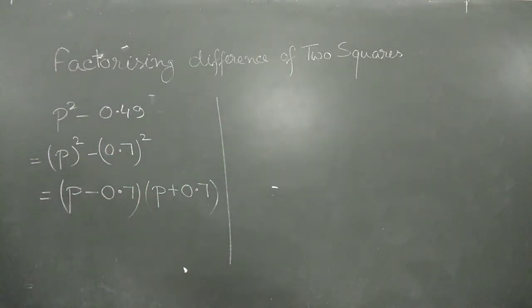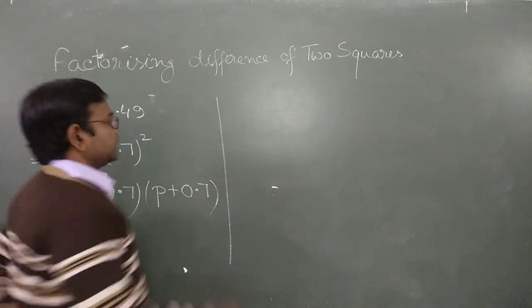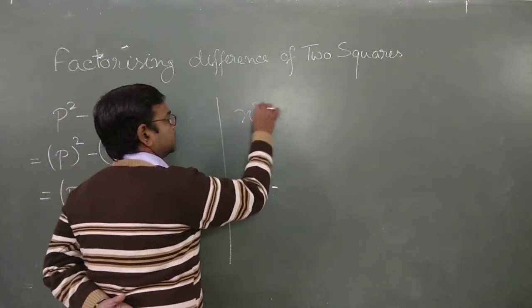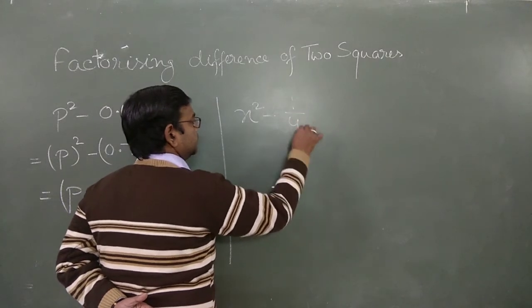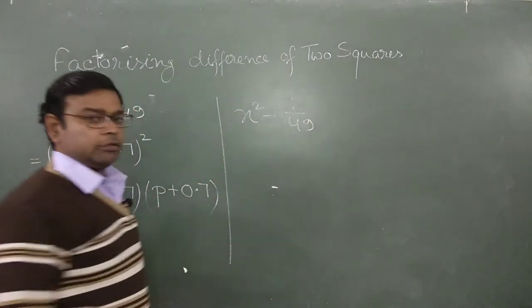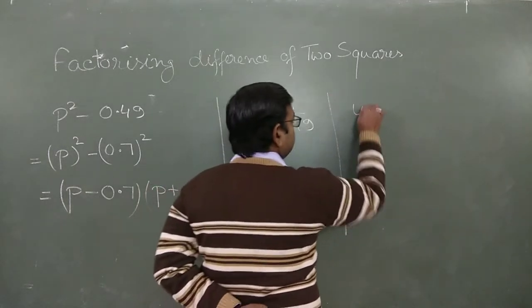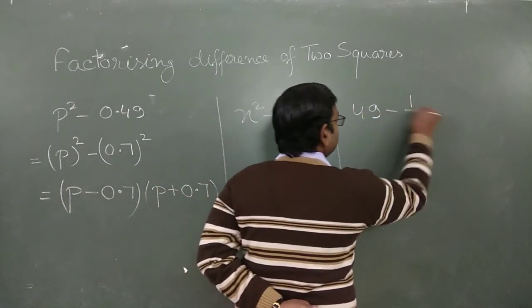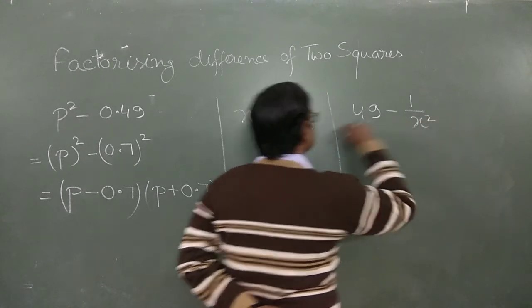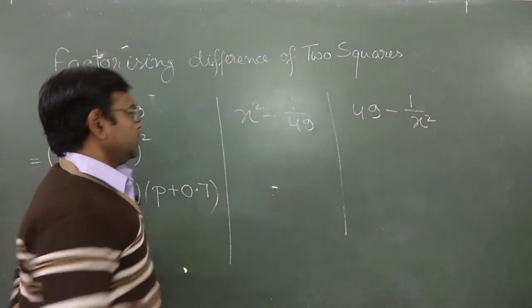Next question is somehow a fraction type. Suppose it's x square minus 1 upon 49. So how do you solve this one? Or I can change the question in this form, 49 minus 1 upon x square. How do we solve these 2 types of factors? It's easy.